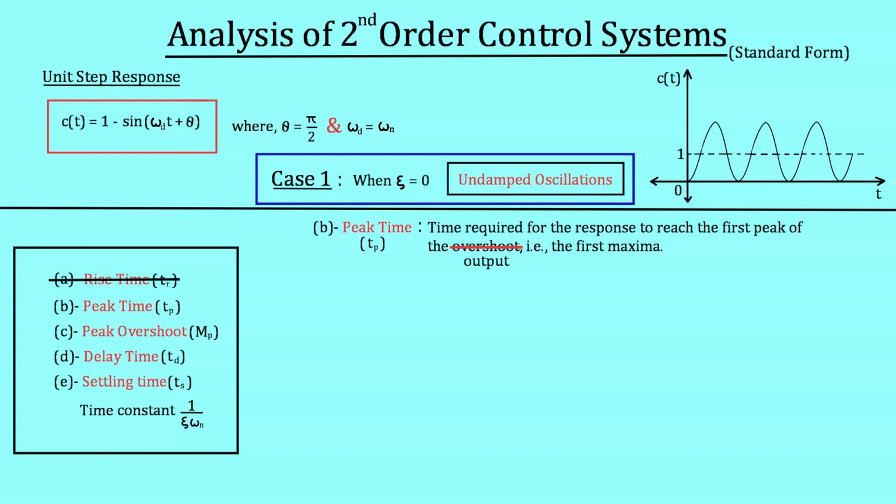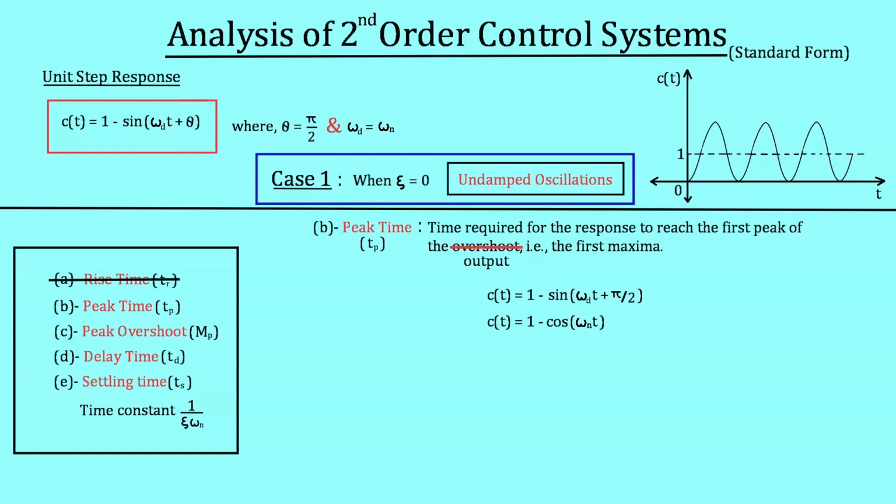We can find the peak time formula in this case the same way we have derived the equation of peak time for the case of underdamped oscillations. We have the output equation in time domain equal to 1 minus sine of damped frequency multiplied by time t plus theta. We can also put the value of theta in this equation, which is pi by 2, and as per the standard trigonometric identity, we know sine of pi by 2 plus theta is actually equal to cos theta.